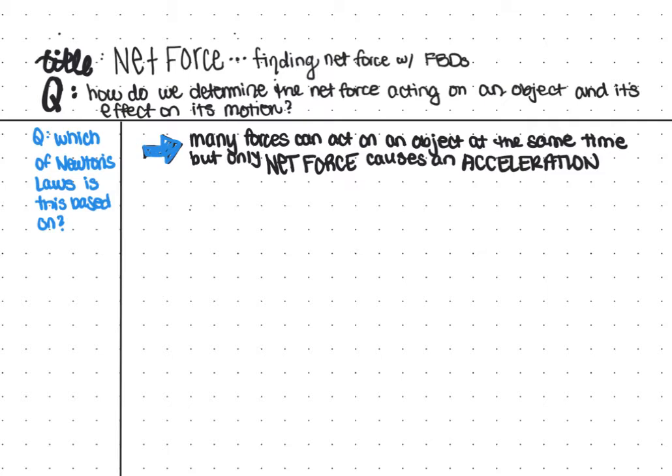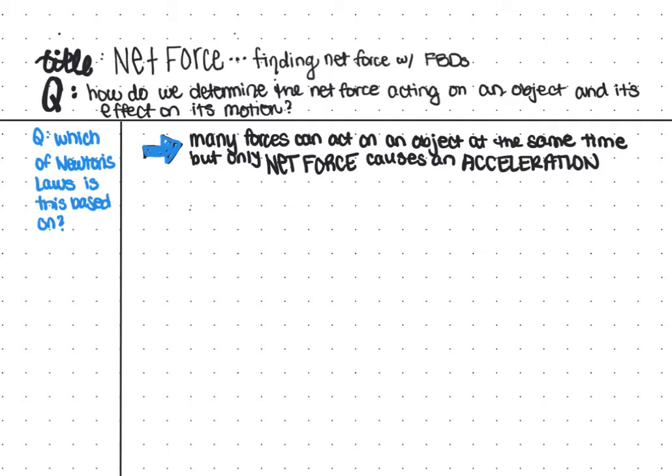So if there are multiple forces acting on an object, the next thing we need to figure out is how exactly we go about finding this net force. In our definition of net force, we said it meant that there was one singular force in one particular direction that was larger than the rest. So we're going to look at forces and balance them out.